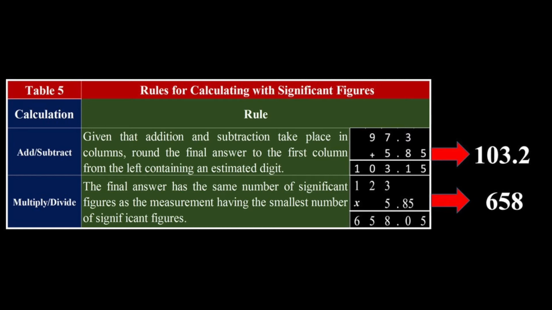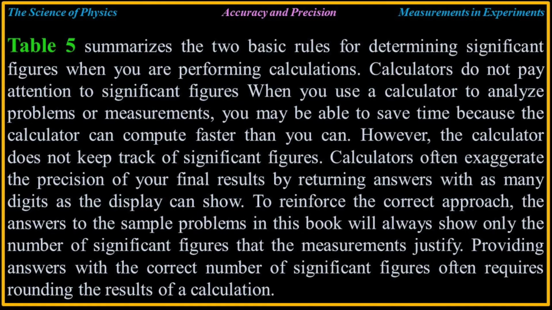And in the multiplication, you have 3 significant figures and then 3 significant figures. So even though it's going to be 658.05 as the answer when you multiply, you've got to have the answer as 658 because the answer has to be 3 significant figures. Table 5 summarizes the 2 basic rules for determining significant figures when you are performing calculations.